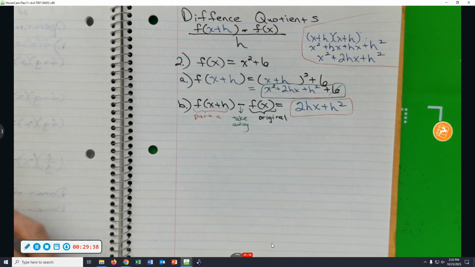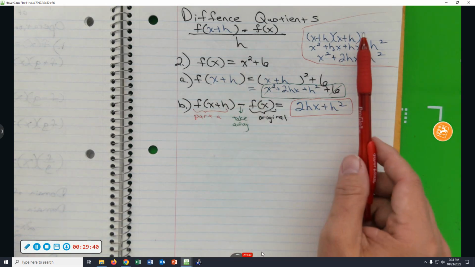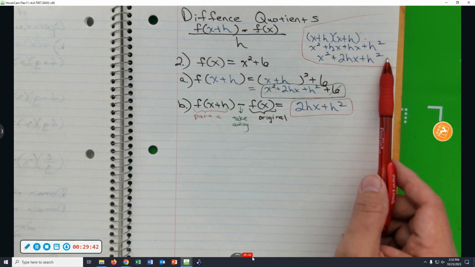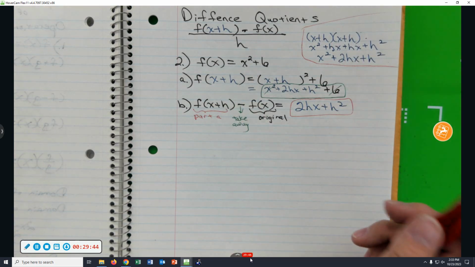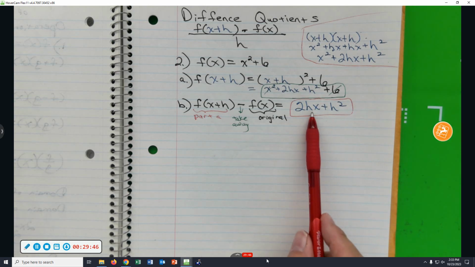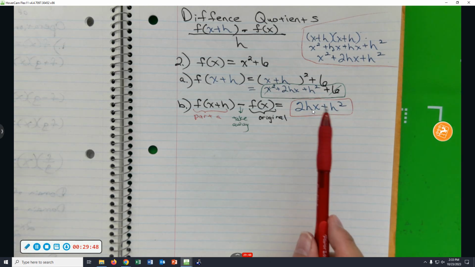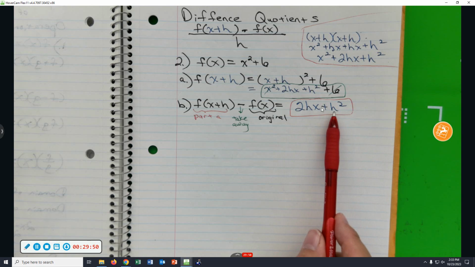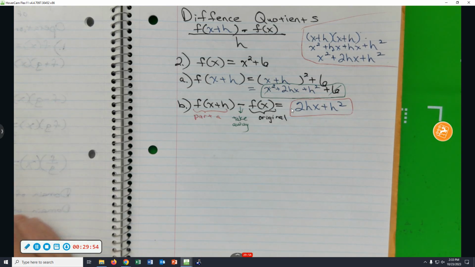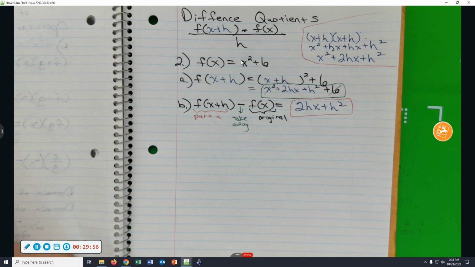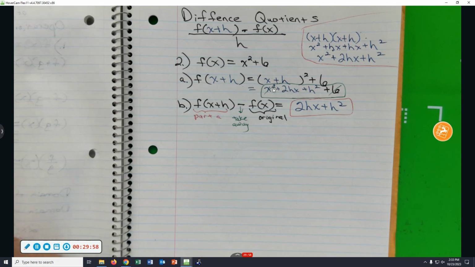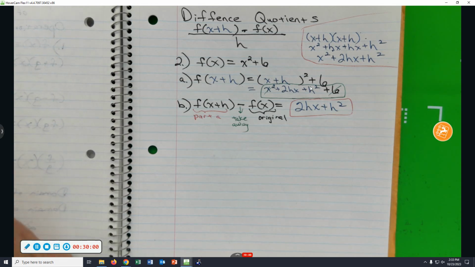A moment ago I mentioned if that had been an x cubed, how messy this would have gotten here. Regardless, what you'll want to remember is in part B, the terms that remain will all have the letter h. Sometimes students have asked me, well, wait a minute. When it says take away f of x, what if there's not a 6? Or what if you don't have a 6 to mark out?